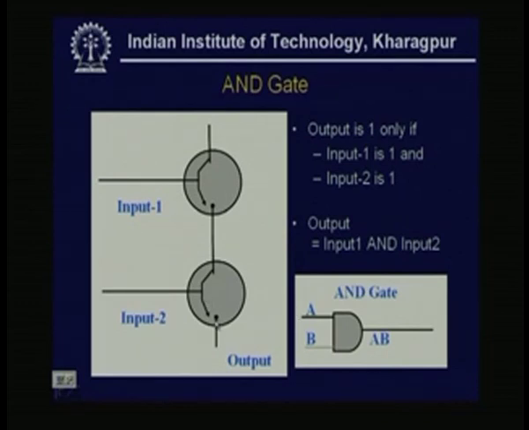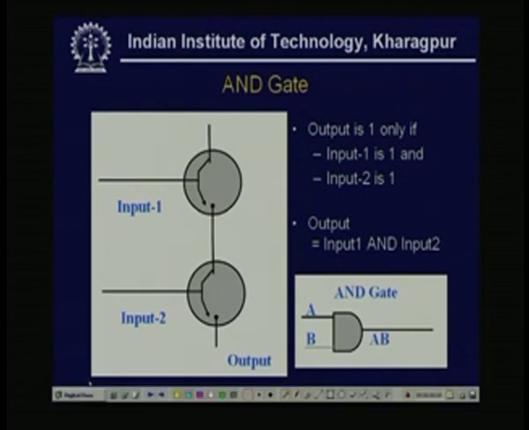Any one of the switches being disconnected means my input is 0, or 0 volt if I consider voltage level. So if one input is disconnected, meaning that input is 0, and the other is connected, meaning 1, whatever be the case, the output is 0.